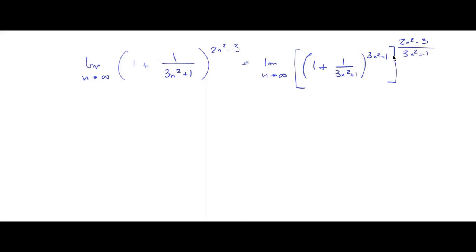Now we know that the limit of some sequence to the power of another sequence is the limit of the base, so (1 + 1/(3n squared plus 1)) to the 3n squared plus 1, to the power of the limit of the exponent.